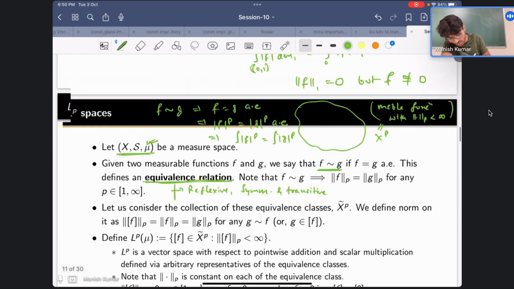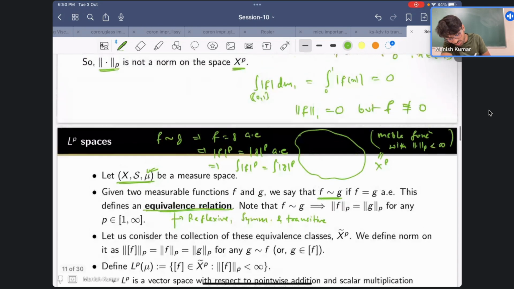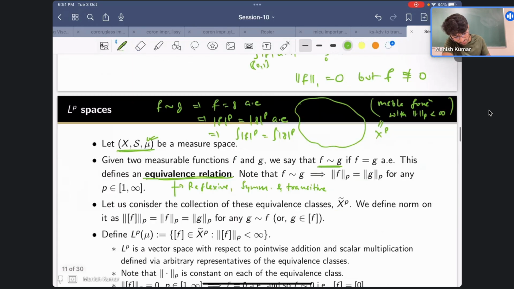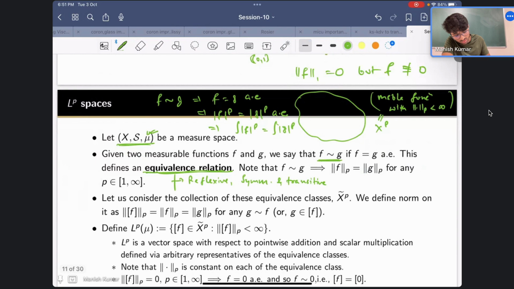You know that when f1 and f2 are almost everywhere equal, then the integration of f1 is equal to integration of f2. This you already know. In the same way, |f|^p is equal to |g|^p almost everywhere. That would mean that the integrals of |f|^p and |g|^p are the same. So this means that the p norm of f is equal to the p norm of g, right?